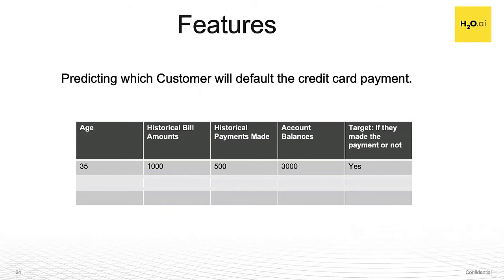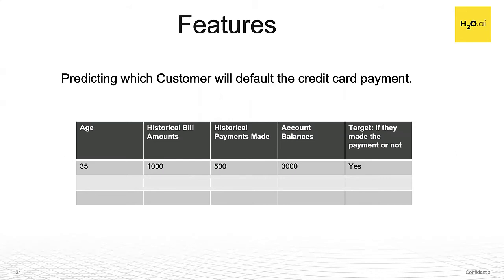Say you have to predict, so I'm using this example a lot just to make sure that you understand and can relate to it. Say we have to predict which customer will default on a credit card payment. Now, we have a person, say Bob, and we have to identify whether he will default.